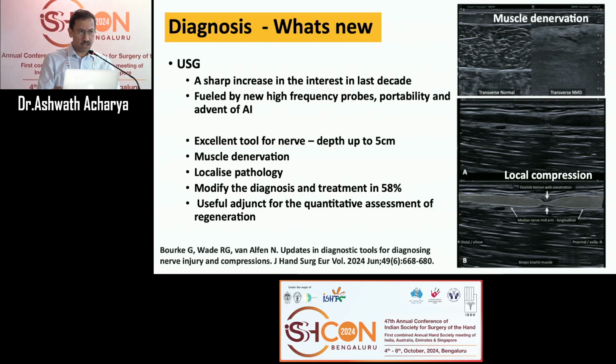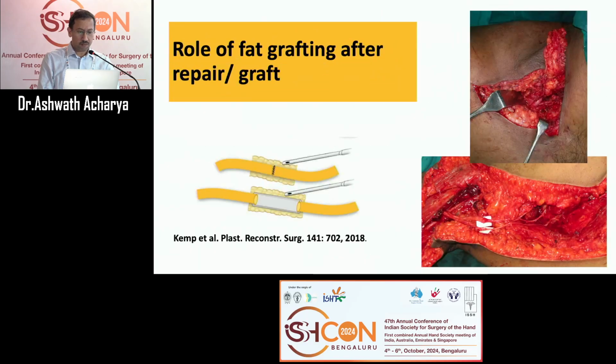Even the ultrasound has shown remarkable progress because of the new kinds of high frequency probes, the portability, and of course the advent of AI has added a new dimension. So muscle denervation and local compression can all be beautifully shown. Now moving on to the repair aspect.